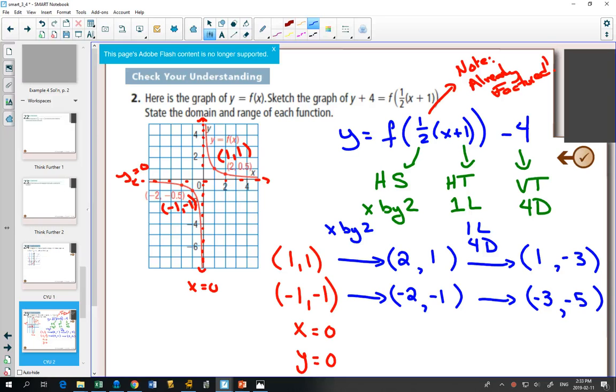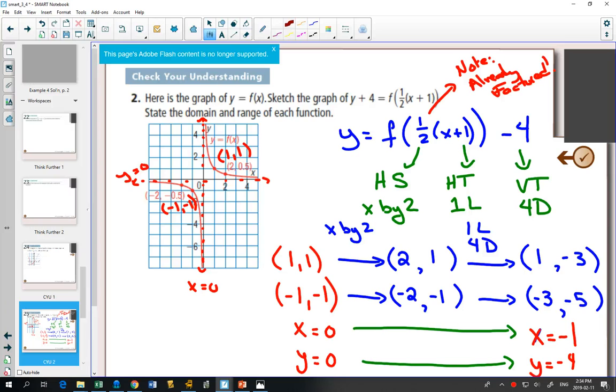Since we're moving 1 to the left, can you see that this asymptote, do it in red, is going to end up being 1 to the left at x equals -1. And this asymptote, y equals 0, the horizontal one, is only going to get affected if you move it up and down. Since we're going 4 down, it's going to end up at y equals -4.